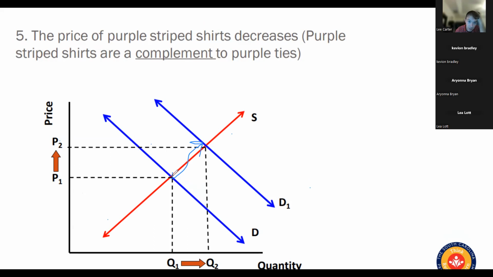So then the equilibrium price will go up. For example, if peanut butter is on sale this week, and people buy more peanut butter, then that means people are going to want to buy more jelly, even at the same price. Why? Because now they can get their peanut butter cheaper.